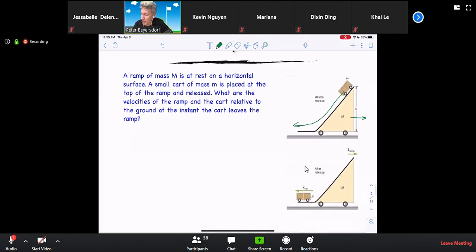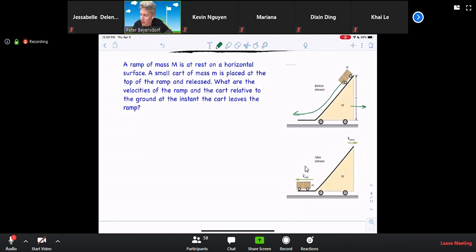After the cart has gone down, we expect the ramp to be moving to the right and the cart moving to the left. We want to figure out how fast the cart and the ramp are moving after this happens.